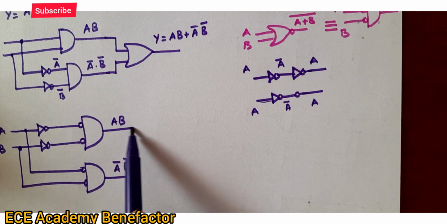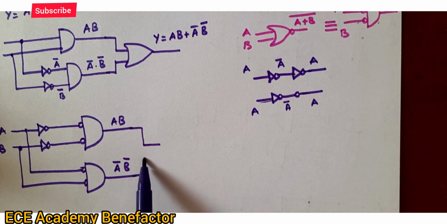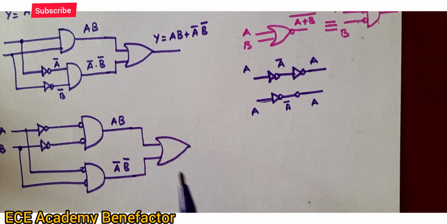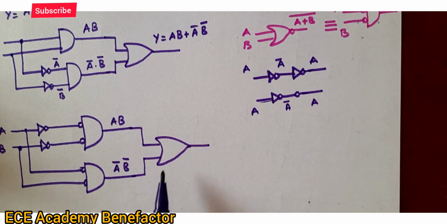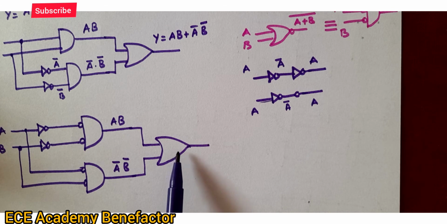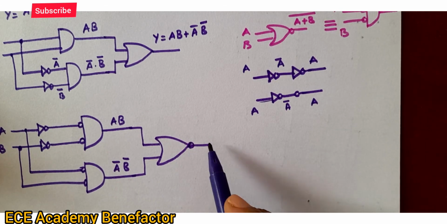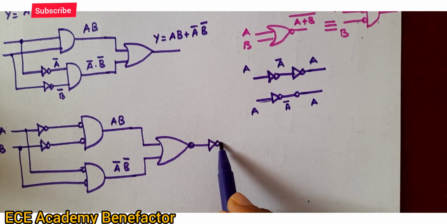Now, you have to give it to an OR gate. You have given it to an OR gate, but we have to replace this OR gate by a NOR gate. So place one bubble and put one NOT gate before it.